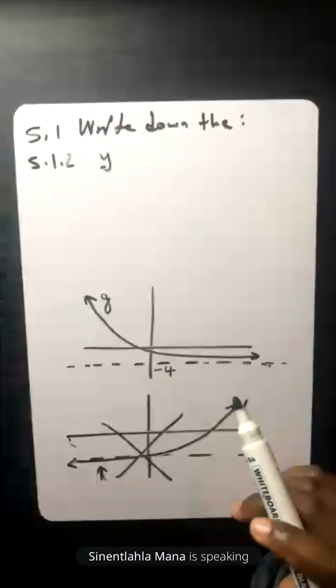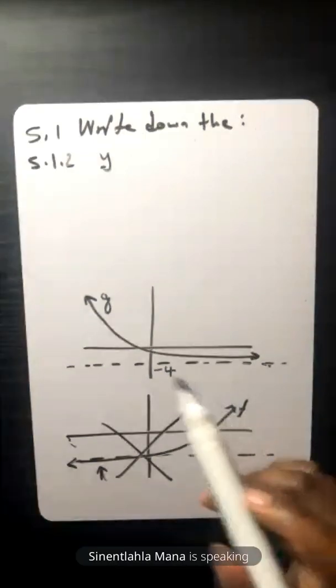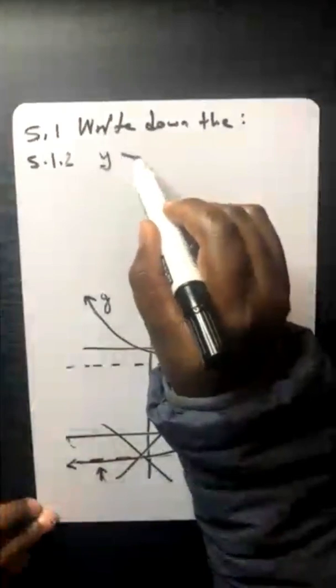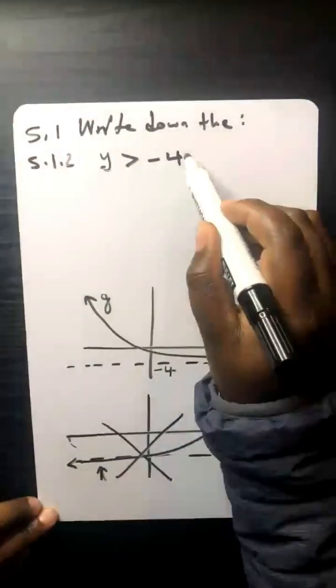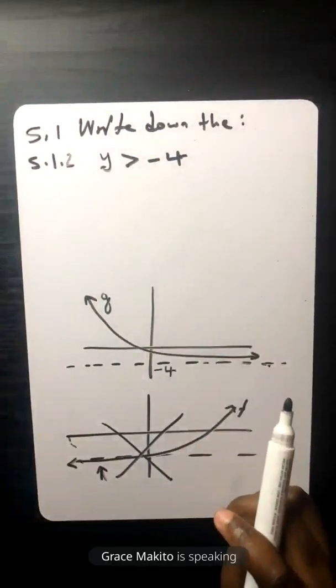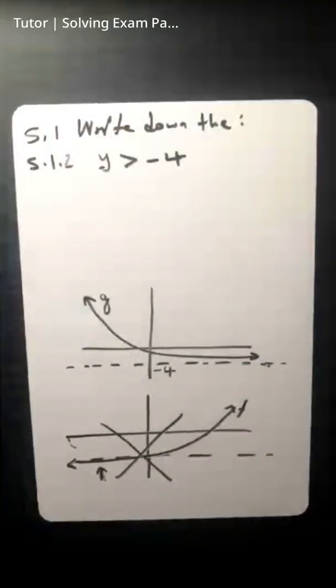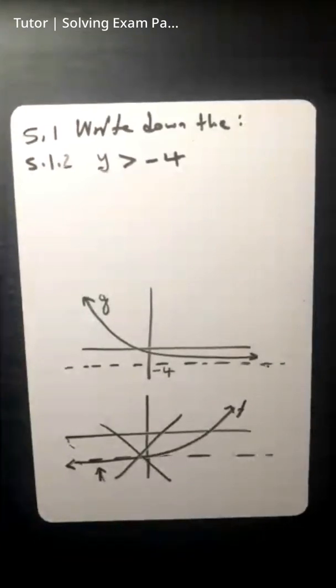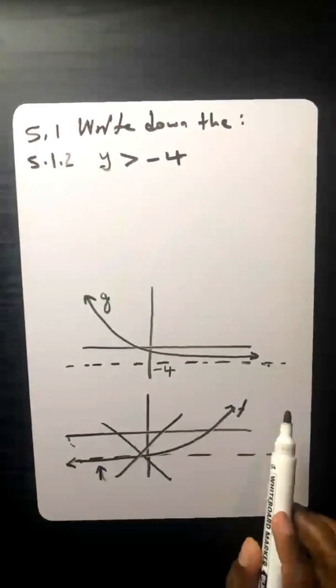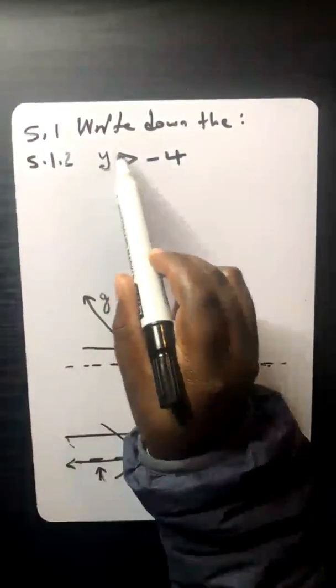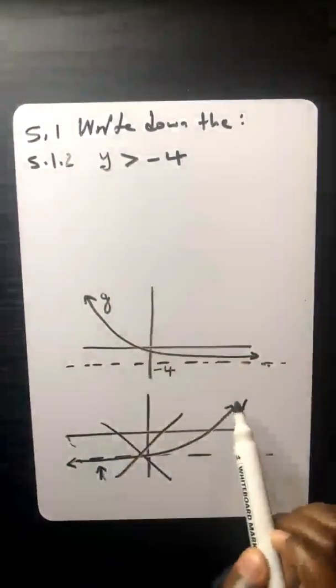Y is greater than -4. Whoever made a comment, just make sure to mute your mic. So that was 100%. Y is greater than -4.